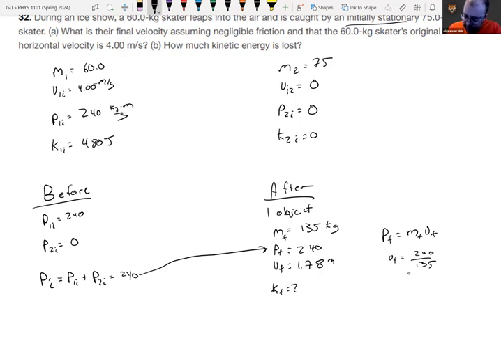And you get 1.78 meters per second. Then we can find the kinetic energy, K final. We take that velocity and square it, multiply by the 135 because that's the mass, and then multiply by 0.5, and we find that our K final is equal to 213 joules.